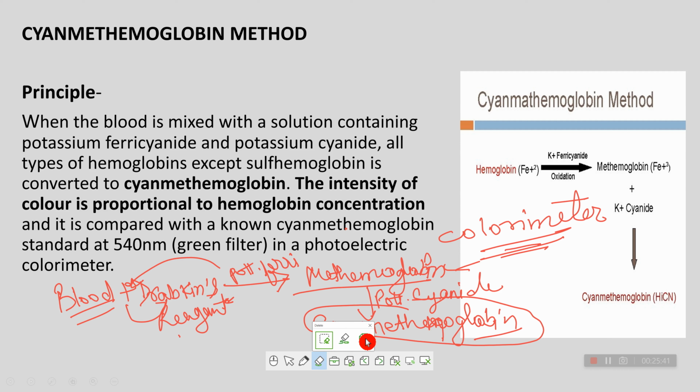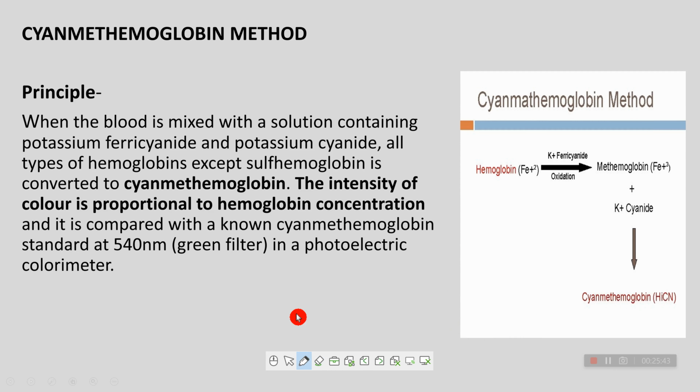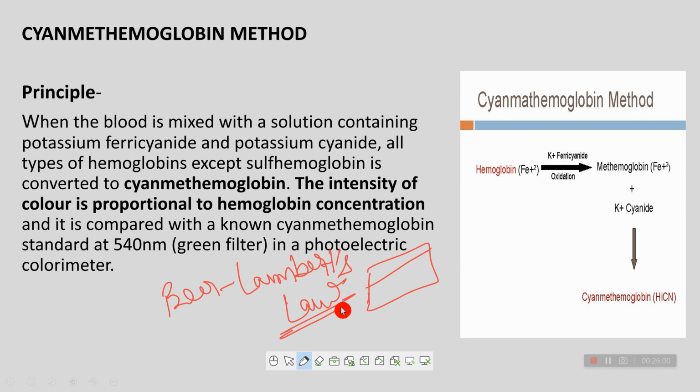Now, how does the colorimeter measure the intensity of a colored solution? The colorimeter is an instrument which works on the principle of Beer-Lambert's law.